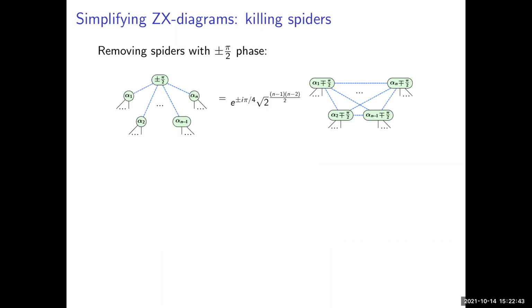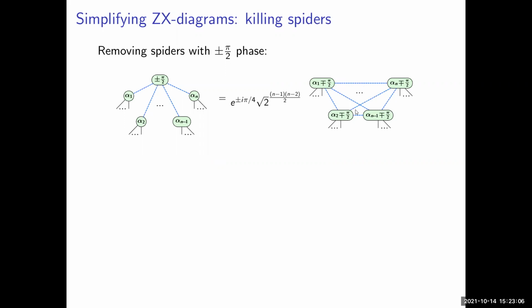Okay, there comes the actual simplification, which is trying to get rid of as many spiders as possible. So this first rule is called local complementation. And what's important here is that from the left-hand side to the right-hand side we have one less spider on the right-hand side. We have the spider here on the left-hand side with a pi/2 and minus pi/2 phase. And on the right-hand side, this is gone.